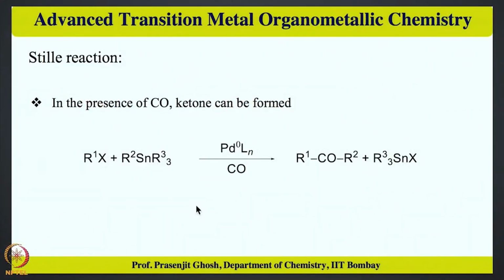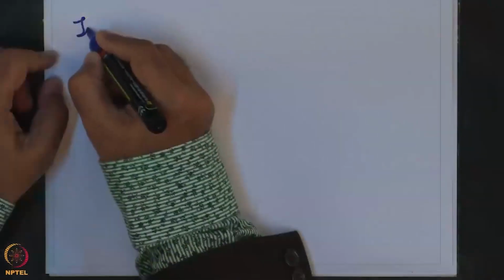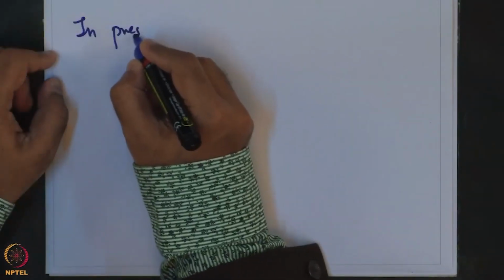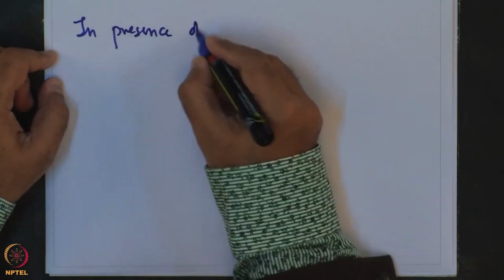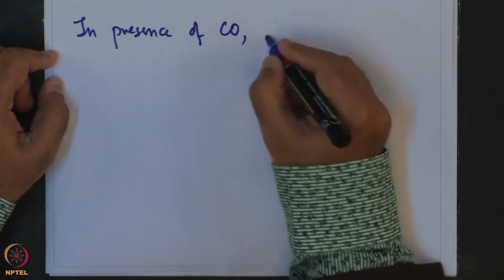So, apart from making this C-C cross coupled biaryl, there are other scopes of Stille coupling available. For example, in presence of carbon monoxide, ketones are formed. So, we are going to see some of the scope as well as the reactivity of Stille coupling.